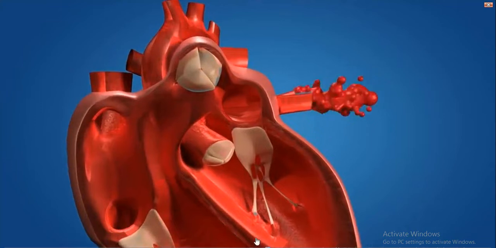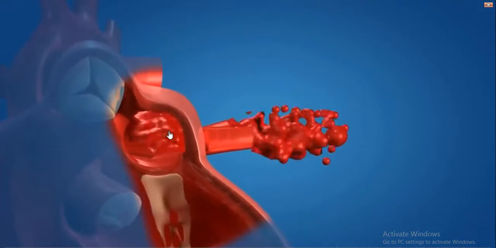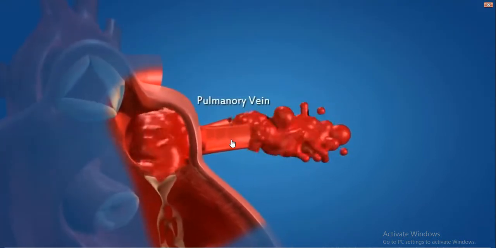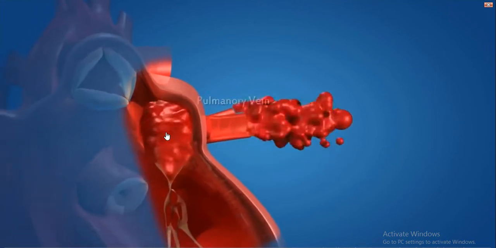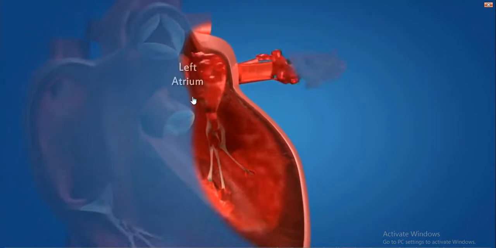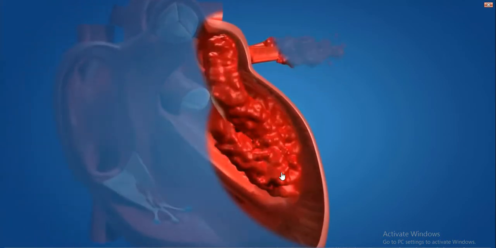The oxygenated blood from the lungs comes to the heart by these pulmonary veins, entering the left atrium of the heart. Then this blood flows to the left ventricle by the action of the bicuspid valve.